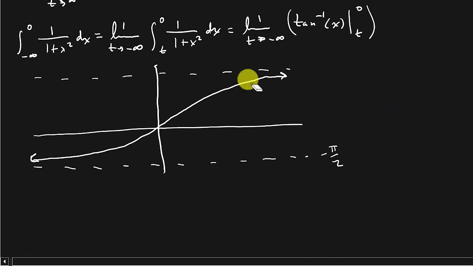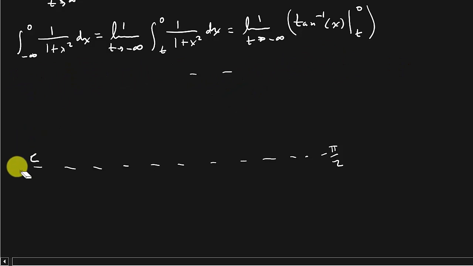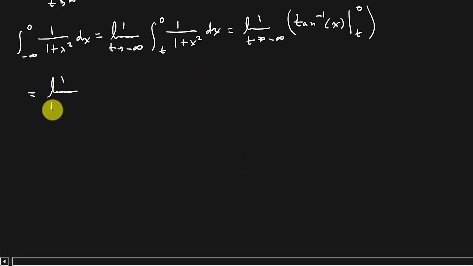All right, so this is going to be the limit as t goes to negative infinity of the inverse tangent of 0 minus the inverse tangent of t.